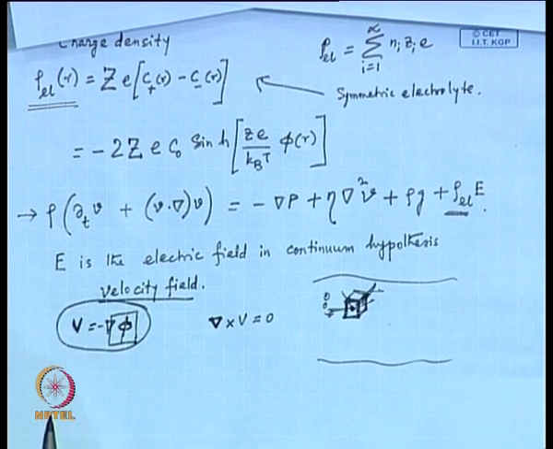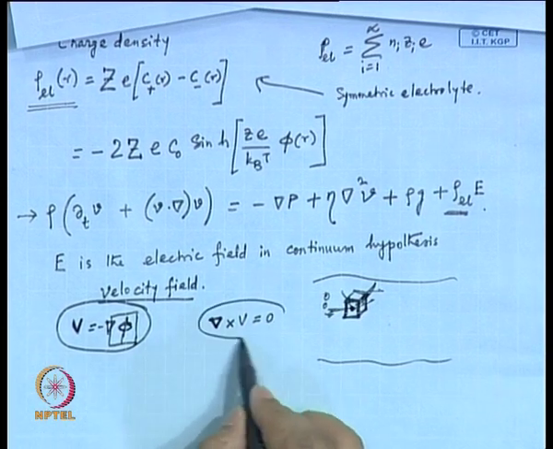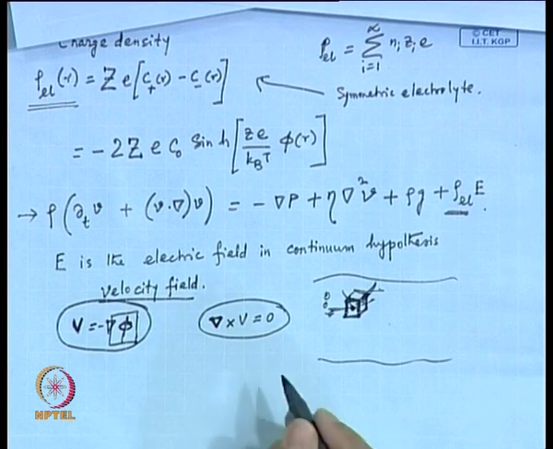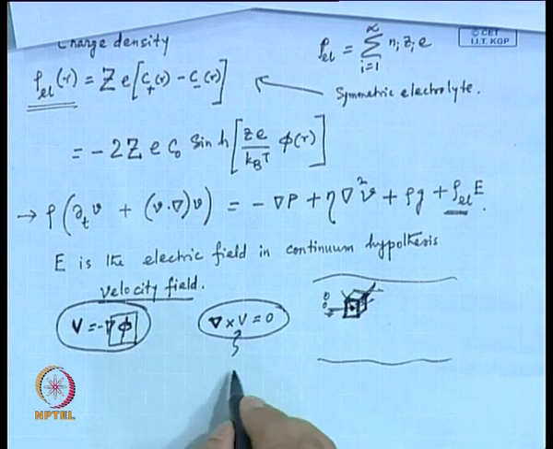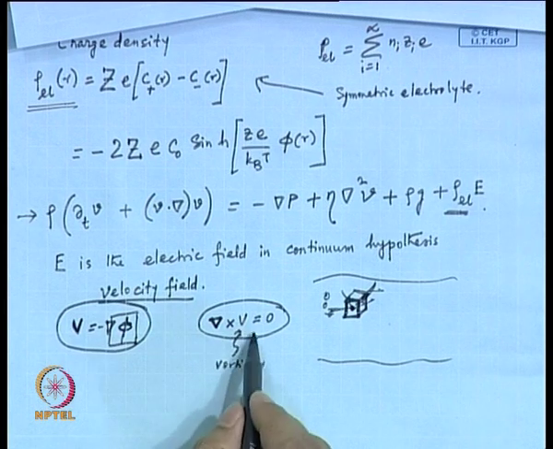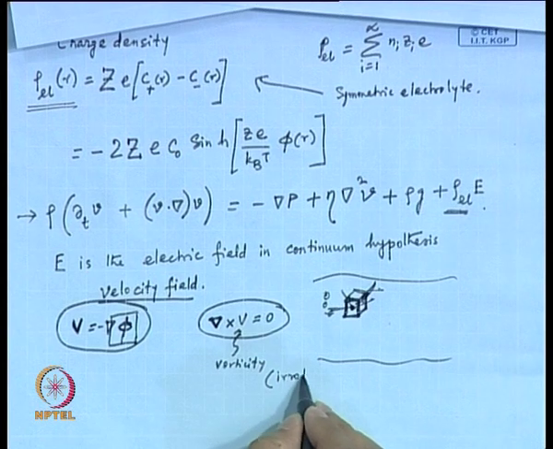What is V? V is the velocity field. And what does del cross V mean? Del cross V is the curl of the velocity vector, and this refers to the vorticity of the velocity field. If this is equal to 0, then you consider this flow to be irrotational.